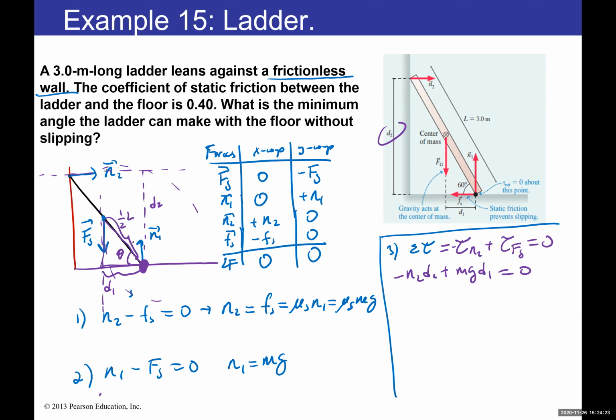Remember, cosine theta is adjacent over hypotenuse. So D1, the adjacent, will be the hypotenuse times cosine theta. That means this term becomes mg times 1/2 times the length times cosine theta.